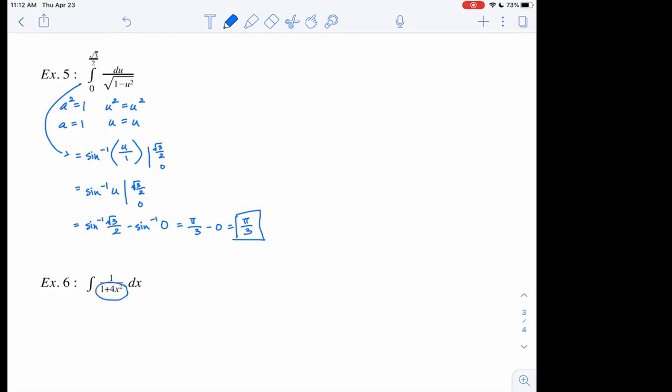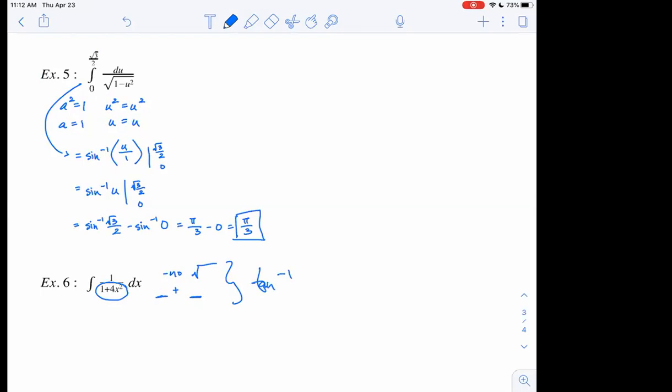So automatically I'm thinking it's going to be some sort of inverse trig. There's no square root, and it's a plus sign in between the two things. So together that tells me that my answer will be that inverse tangent.